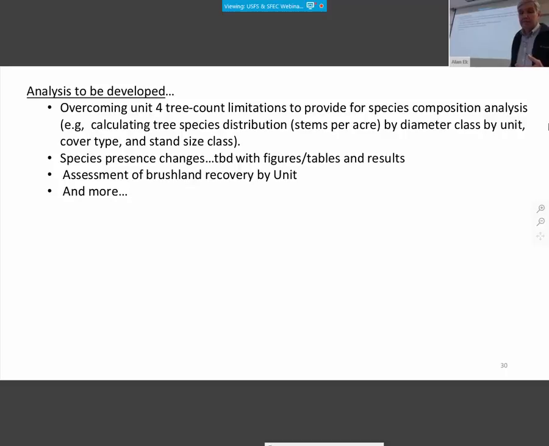And we might go back and look at the recovery of these brushlands, for instance, by unit, what they have become if we can identify more tightly. A number of things you might get into. And our project really dealt with the restoration. We've been really taxed to find the time beyond that to get into analysis.